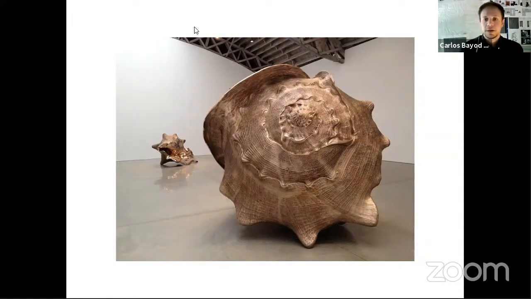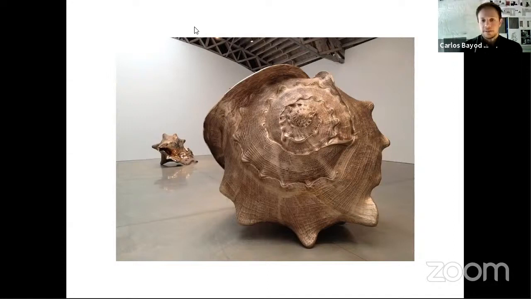So in order to make objects like this, it is necessary to make sure that the 3D model that you are enlarging contains as much information as possible, so that when you increase the scale, you are not simplifying the information, you are not losing the character of the original.